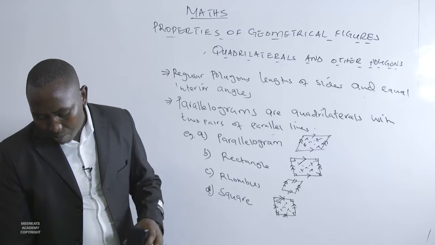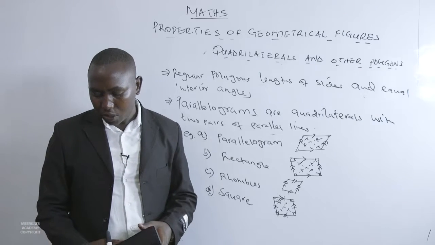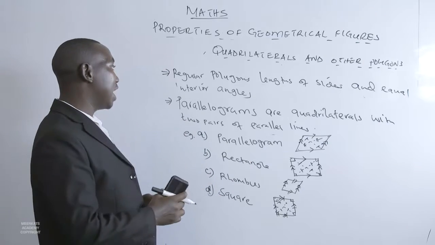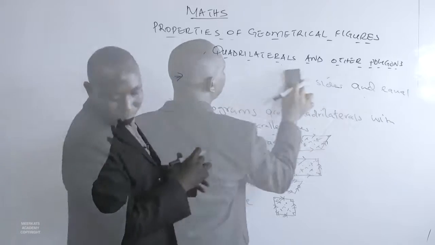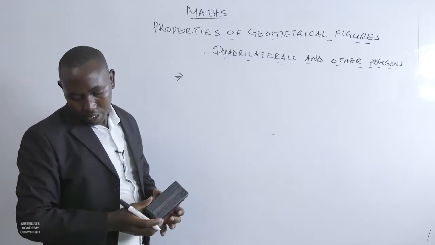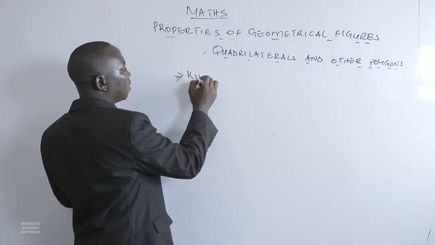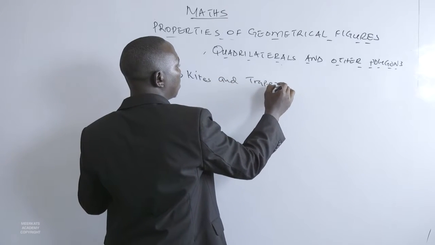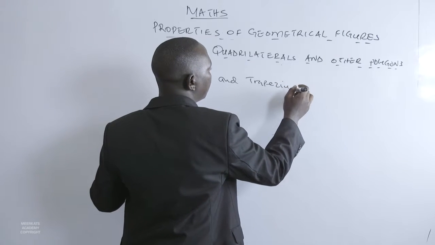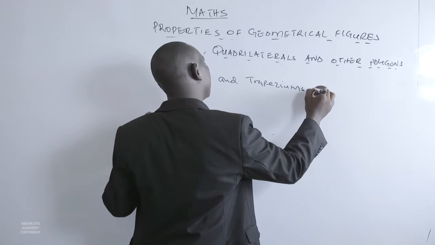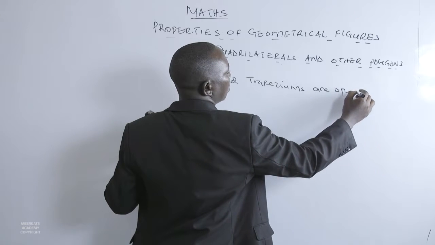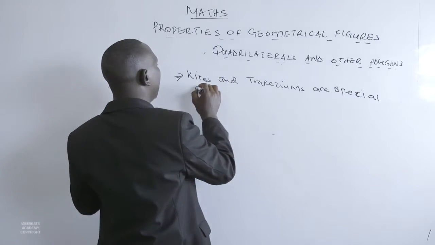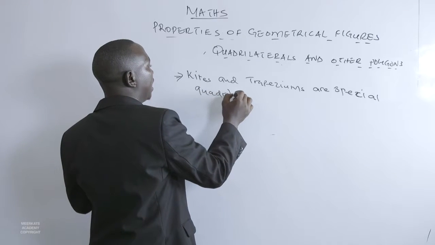We can also classify trapezia and the kite under special quadrilaterals. That is, kites and trapezia are special quadrilaterals.